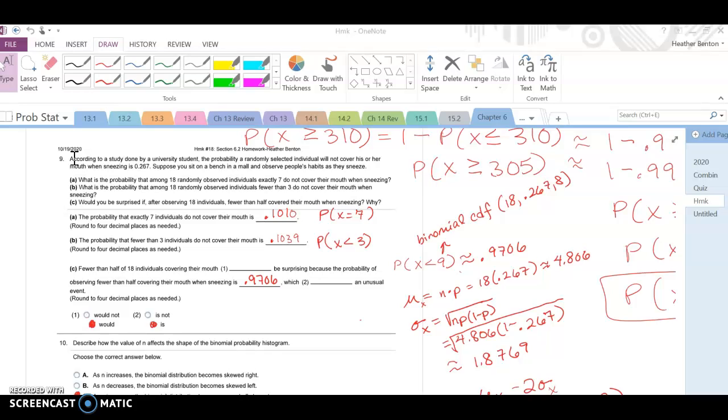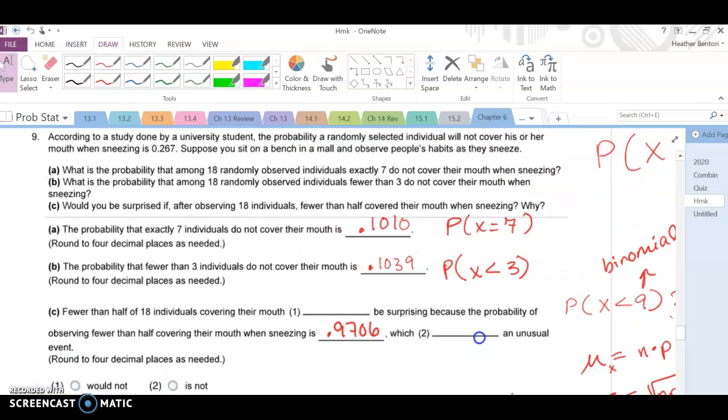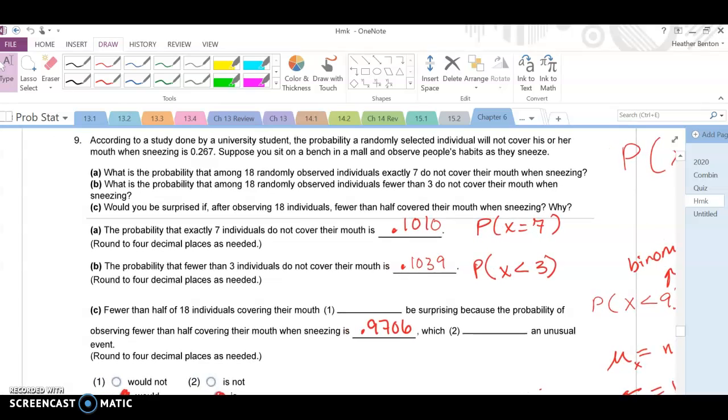It's very timely considering the COVID we've got going on right now. Suppose you sit on a bench at a mall and observe people's habits as they sneeze. What is the probability that among 18 randomly observed individuals, exactly 7 do not cover their mouth when sneezing?